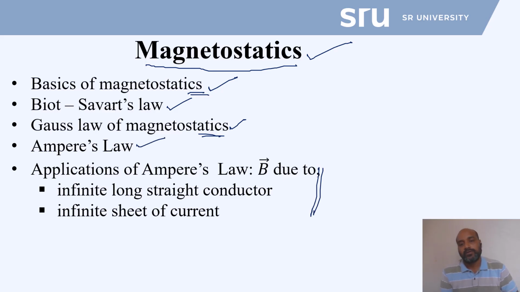I mean, to find the magnetic field, magnetic flux density due to these two current carrying sources. One is a one-dimensional source, an infinite long straight conductor, and the other is an infinite sheet of current, which is two-dimensional.